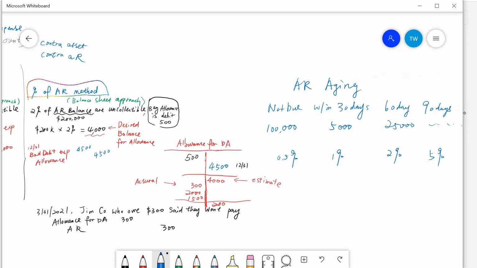Yeah, and so they would multiply each age group and then come up with numbers and then add them up together, and again, that's their desired balance for allowance. So AR aging method is just using the percent of accounts receivable method for each age group, not overall, but each age group, and then add them up together.